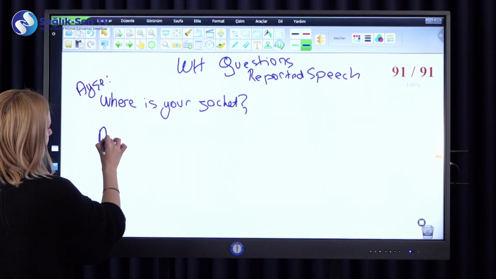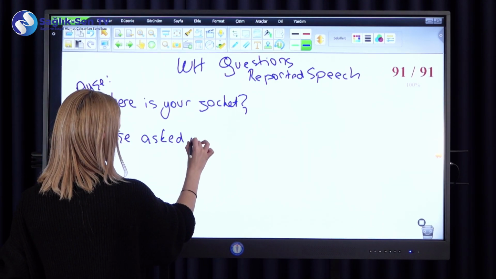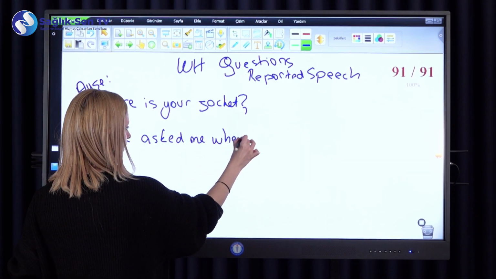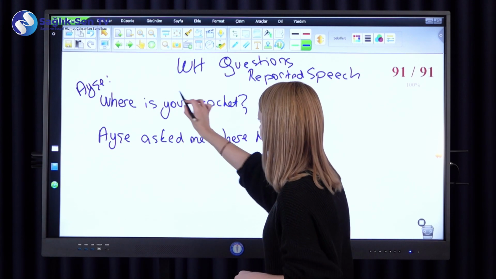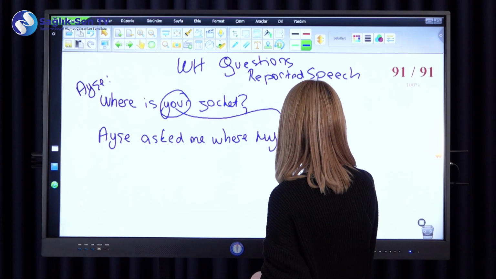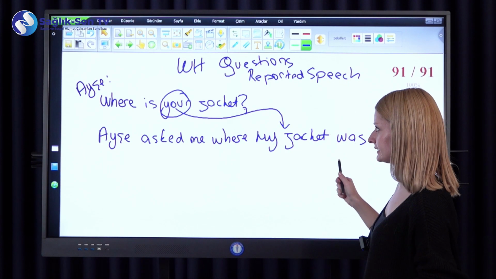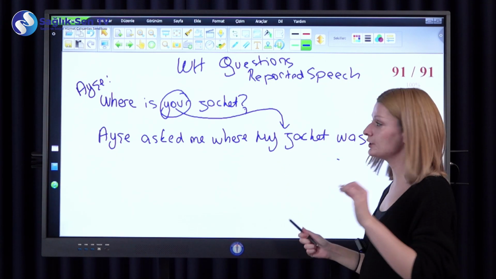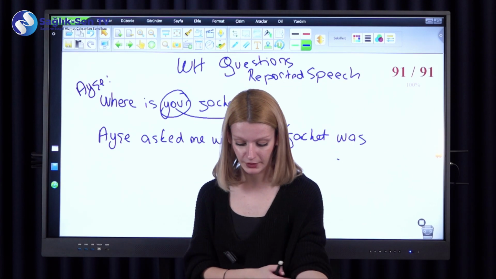Aisha asked me where my jacket was. This is present simple, this is past simple, and I paid attention to my pronoun in here.